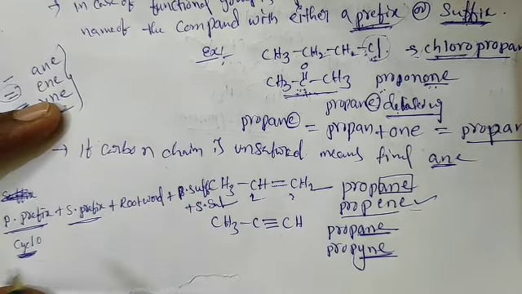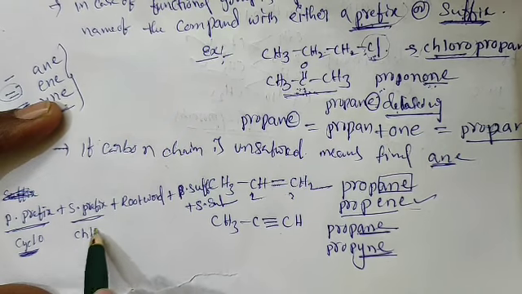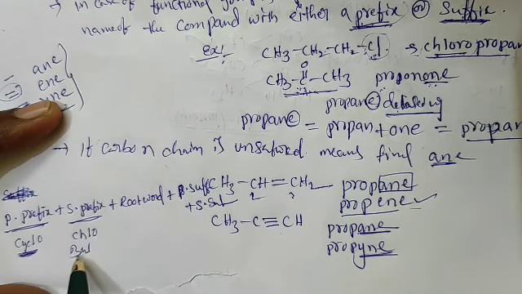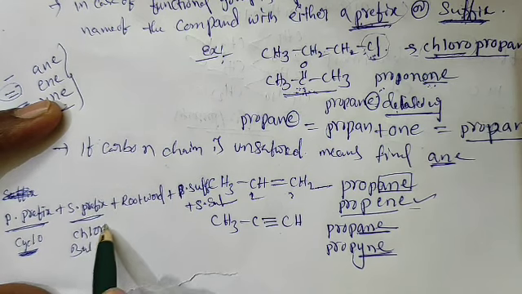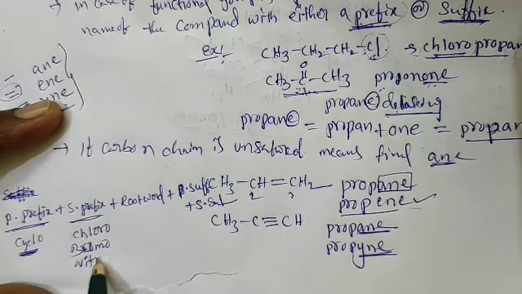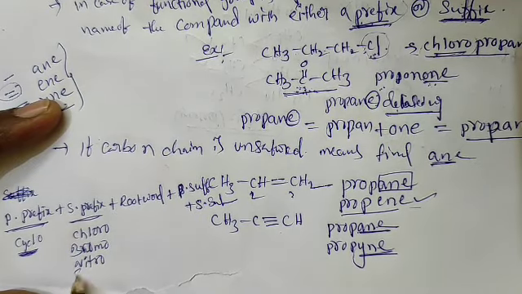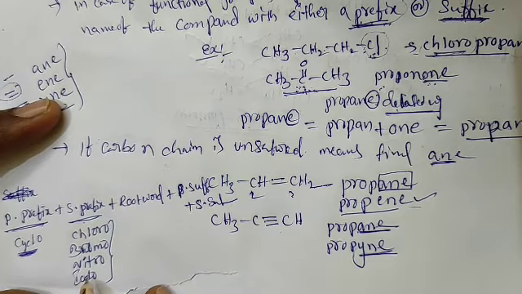The secondary prefix indicates chloro, bromo, nitro, iodo. This is for halogens and nitro compounds.